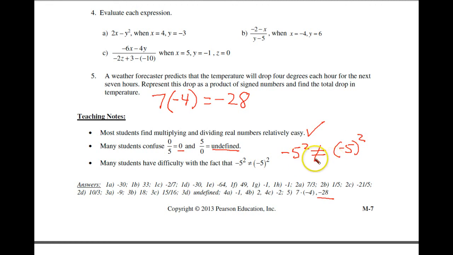And the reason for it here, your base is only the 5. So this is going to be a negative 25. You square the 5, then apply the negative sign. Here, you're squaring the negative 5, so this becomes a positive 25. Okay, just over 16 minutes.